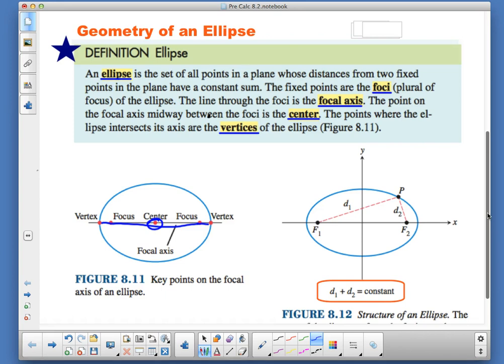Now this distance, d1, d2, these are constant distances, and any place along here, d1 and d2 add up to the same number. So the distance from one focus to the ellipse to the other focus, when you add those together, will always be the same constant in the same ellipse.